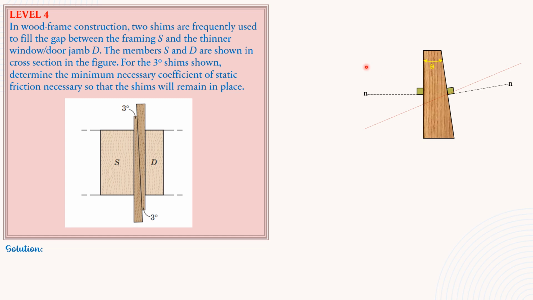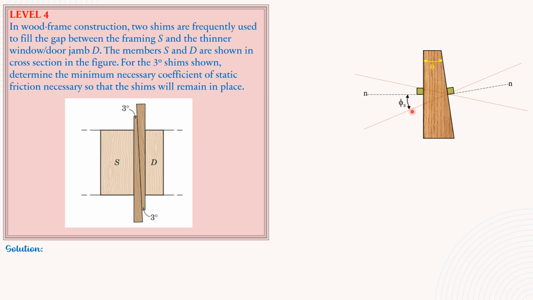And for the other possibility, depending on the movement of the wedge, so here is also the other possibility. So this angle here is between the normal and the line of action of the reaction. Resultant reaction, friction plus normal, is P sub S.